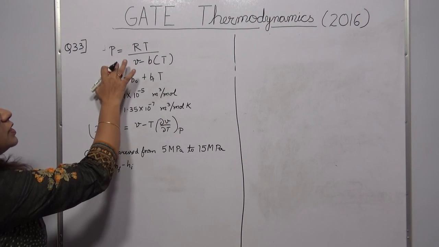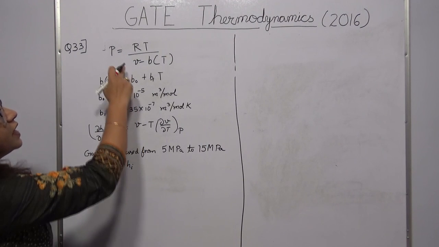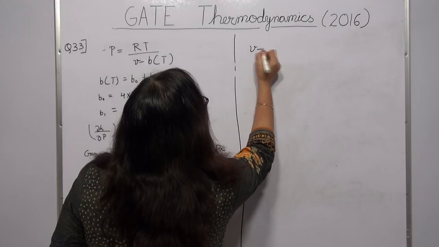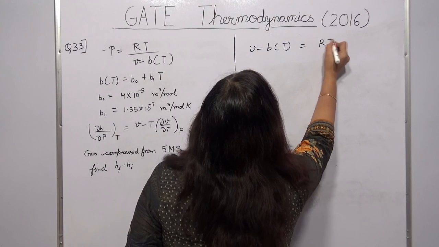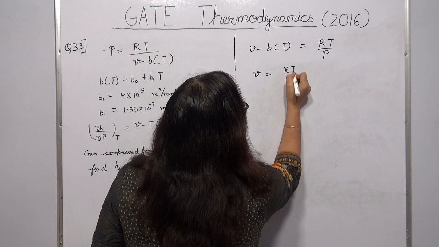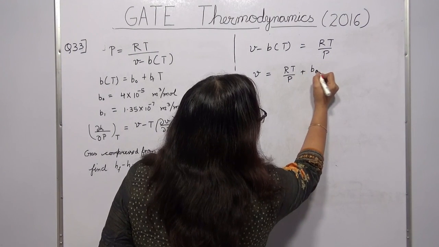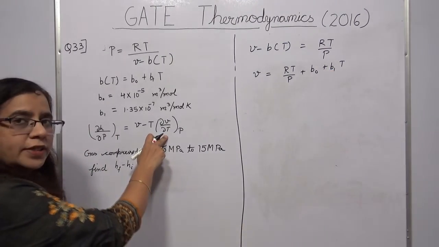For that we will use the Clausius equation of state. I'm going to write it in terms of V. It gives me V minus B(T) equal to RT by P, or I can write V is equal to RT by P plus B(T), that is B0 plus B1T. Now we want this derivative.